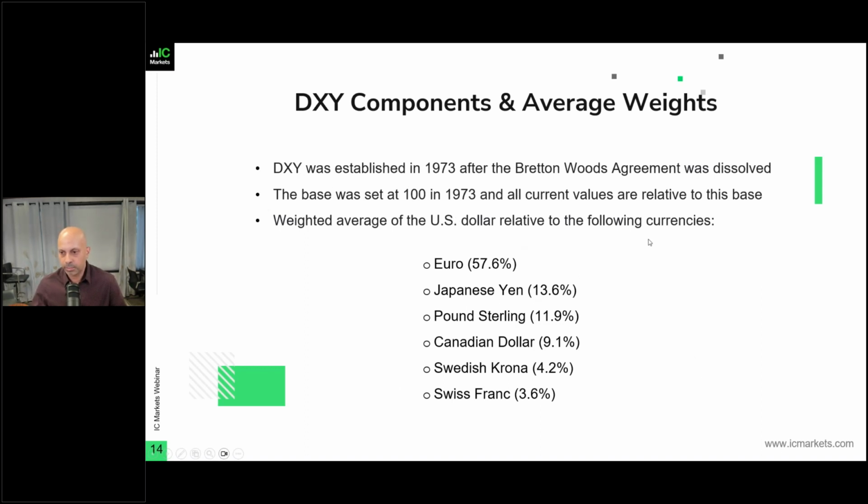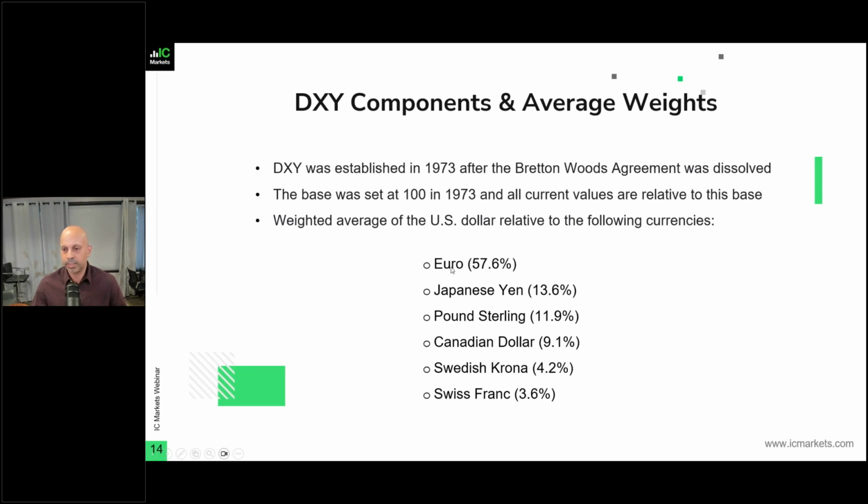So it is important to note that it is the euro that is usually driving, or the relationship between euro and the US dollar, which is driving DXY, the trade weighted basket of currencies.